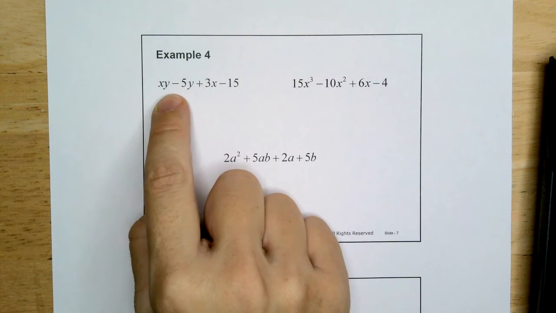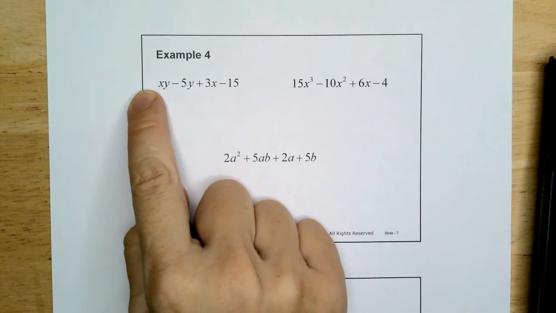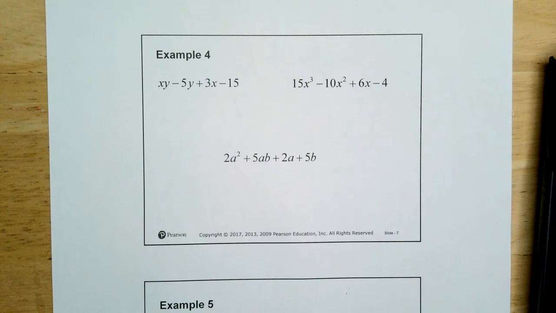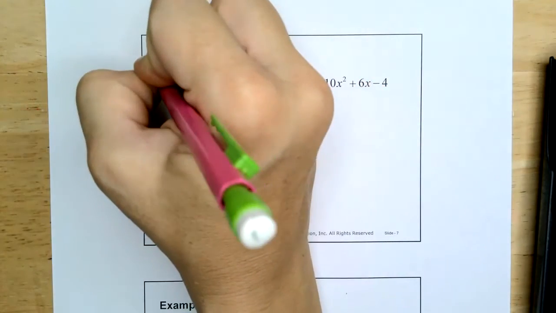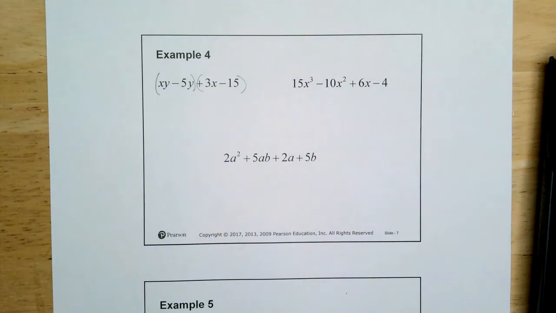We have a 5, a 3, and a 15, but no number here. So we don't have anything common to all 4, but if we group 2 together, we might be able to see something to factor out. So I'll just take the first 2 and then the second 2, because that's the easiest way for me.